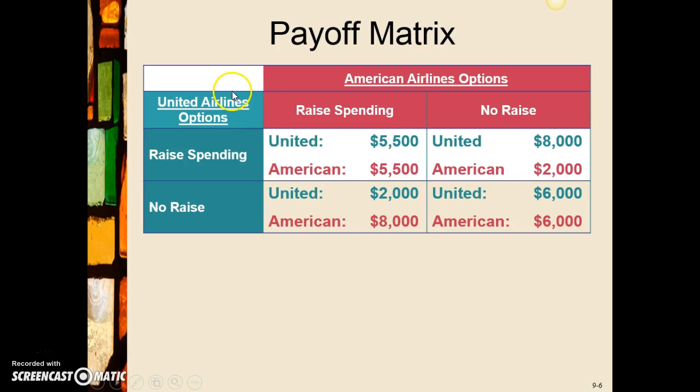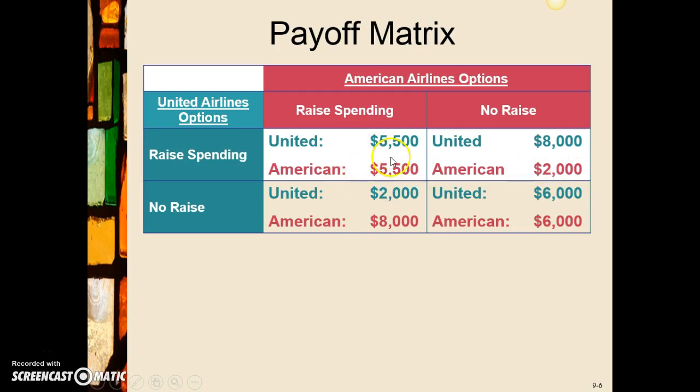Okay, now to find an equilibrium, we need to find one where both of them are doing their best response. So in this case, I would underline this and I would underline that if I had a sheet of paper. Okay, now let's do it for the other company. So now American is going to say, well, what if United raises their spending? And if United raises their spending, well, then American can raise and get $5,500 or not raise and get $2,000.